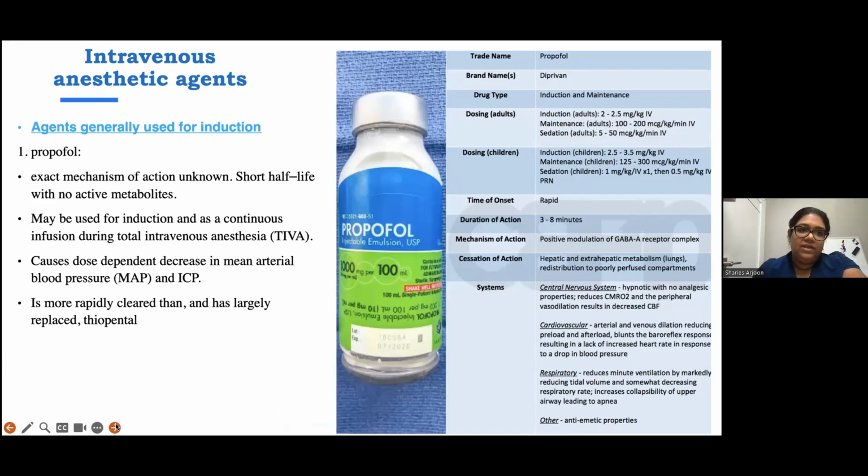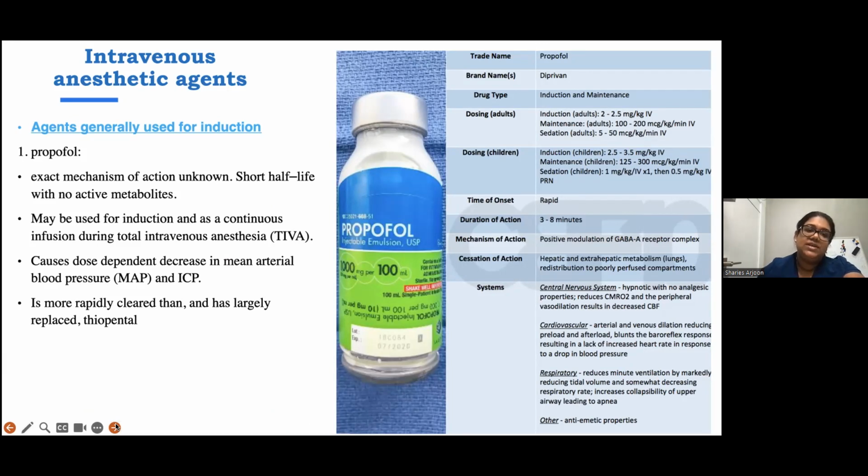So the intravenous agents, these agents are generally used for induction. Propofol, which we commonly know, the exact mechanism of action is unknown, but it is thought to have a potent positive modulation of the GABA-A receptor complex.